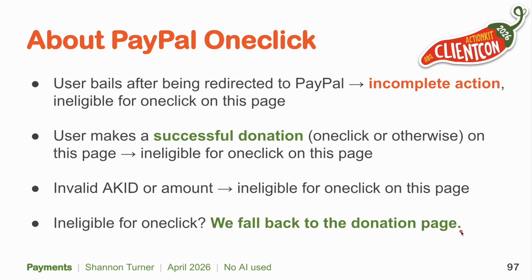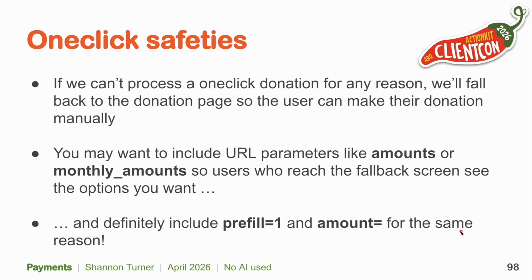So bottom line, we handle this really, really carefully, and we always ensure there's a seamless fallback to that donation page if we can't process a PayPal one-click donation for any reason, right? So this is really, really important. You can always feel safe knowing that there's going to be that safety.